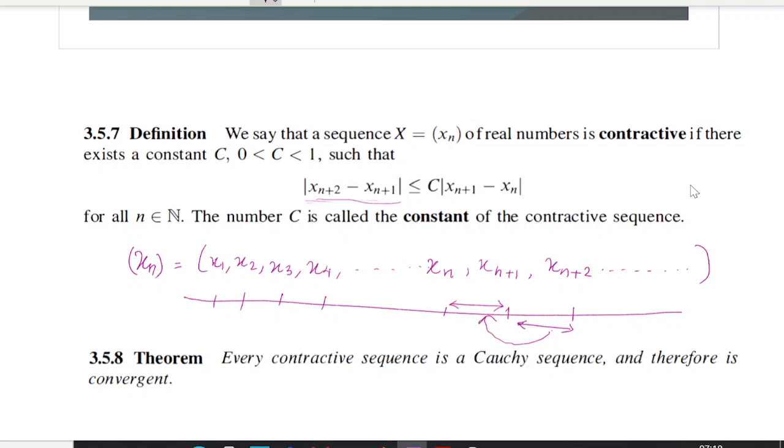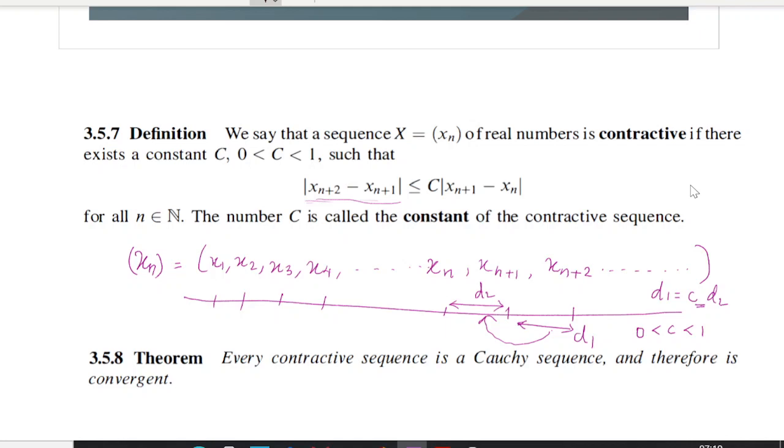If I call this d1 and that d2, then d1 should be c times d2. What is the speciality of c? c should lie between 0 and 1. So I can have c equal to 1 by 2. Then d1 should be half of d2.